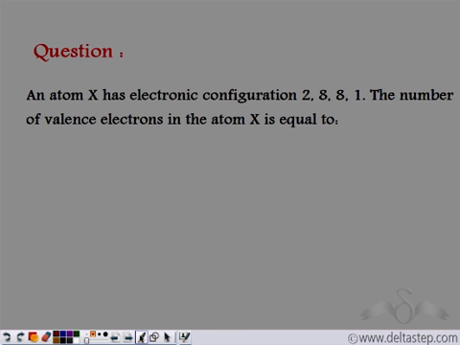This electronic configuration means 2 electrons are present in the K shell, 8 in the L shell, again 8 in the M shell, and 1 in the N shell. So the N shell is the outermost shell of this atom X. The outermost shell has 1 electron. So the number of valence electrons in the atom X is equal to 1, as seen from the electronic configuration.